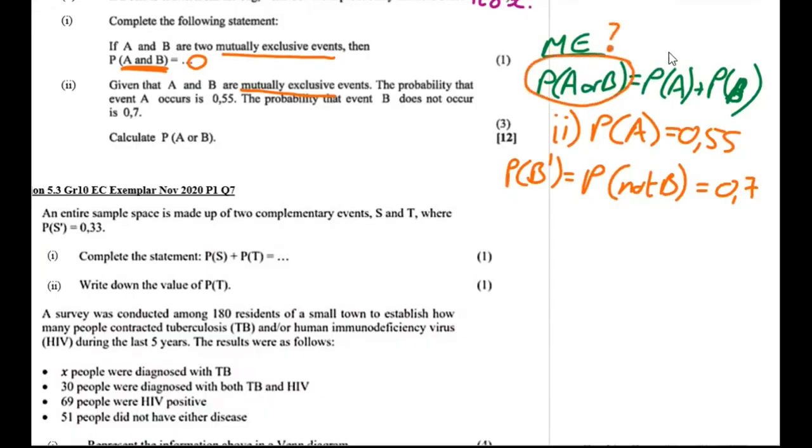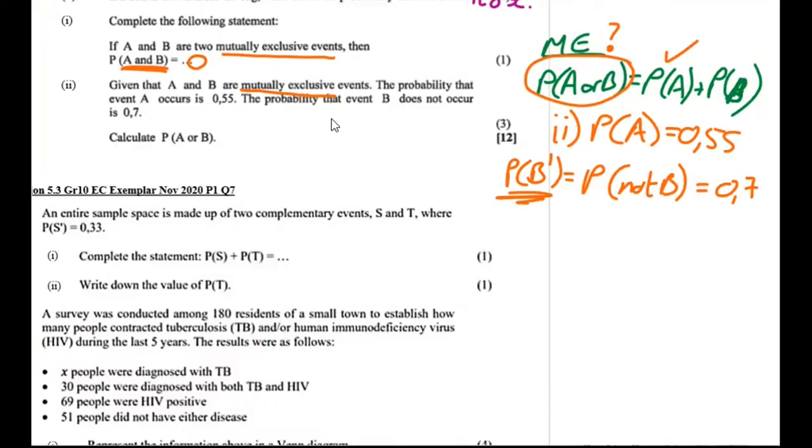That's fine. I've got the probability of A that I can substitute in my formula. I do not have the probability of B though. Do you see I've got the probability of not B? For my formula, I need the probability of B. So before I can start using that formula, I need to calculate the probability of B first.